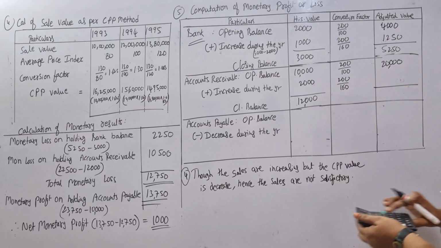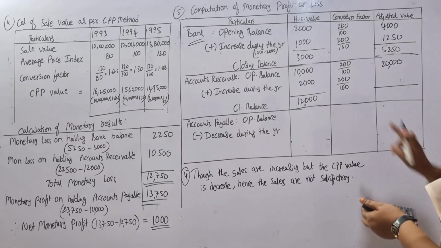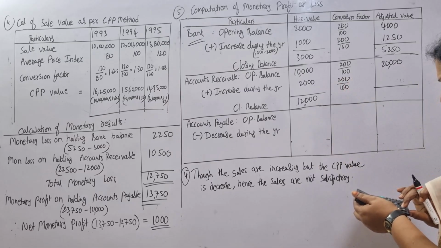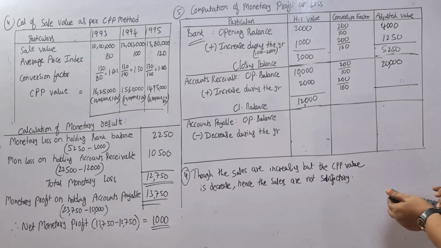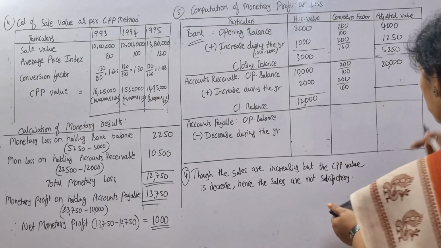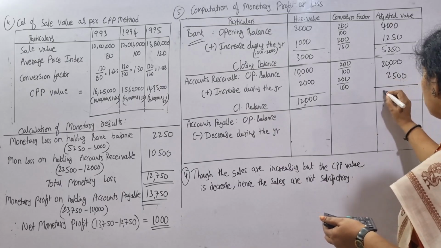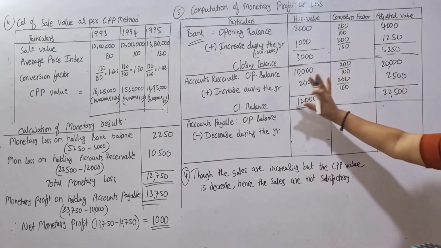And here it is 200 into 2,000, 4 lakh. 4 lakh divided by 160 comes to 2500. So it is 22,500. So this is accounts receivable.